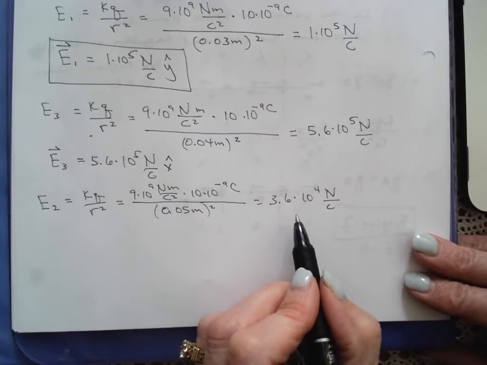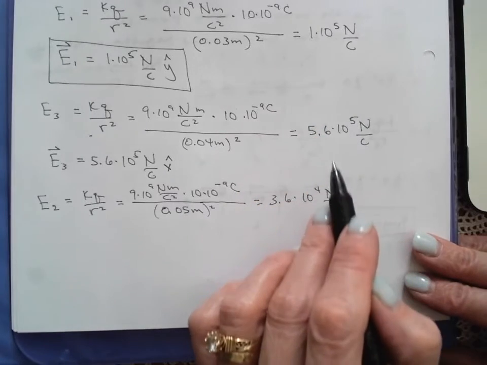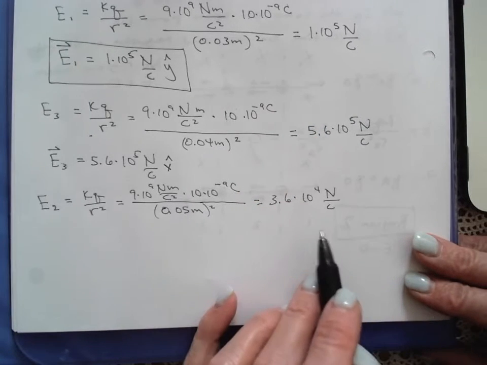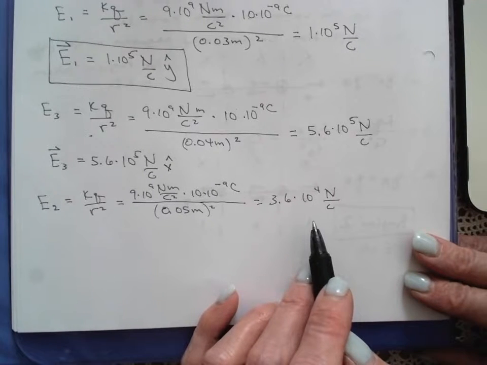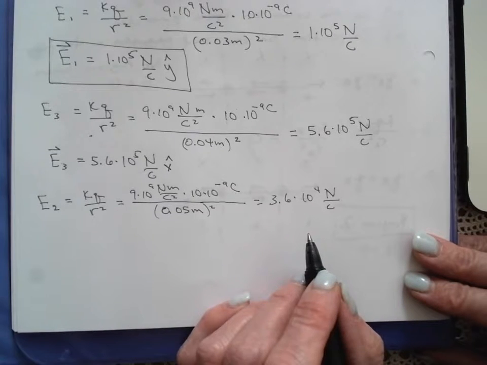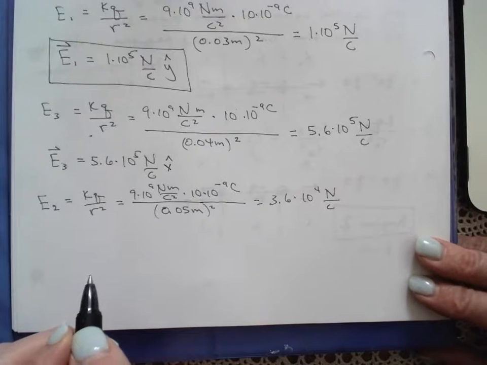And that makes sense, right? I assumed that my E1 was going to be the biggest, my E3 was going to be my second biggest, and my E2 was going to be my third biggest because of the distance the point of interest is from the charge. So now I have to break this into components, since the problem says to express my answers in component form.